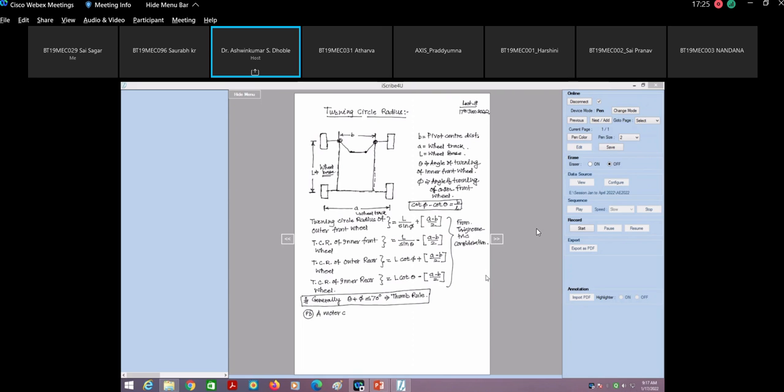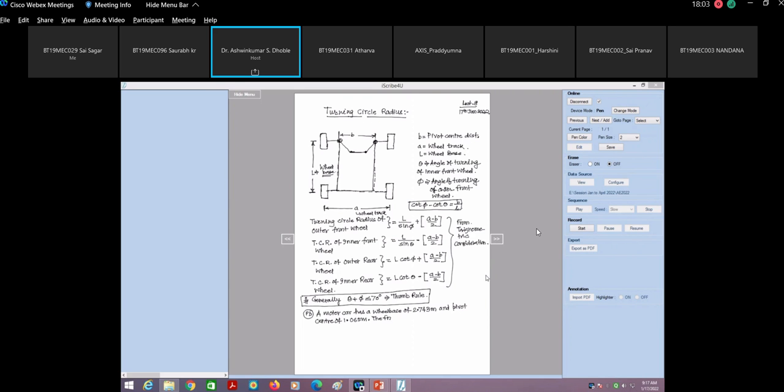A motor car has a wheelbase of 2.743 meters and pivot center of 1.065 meters.